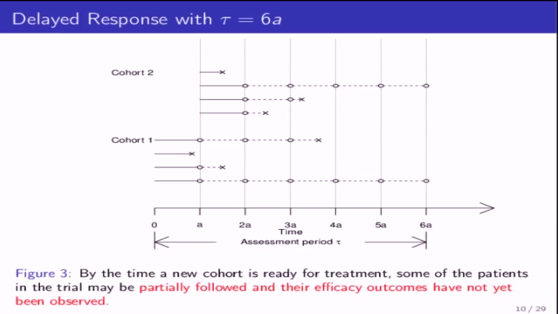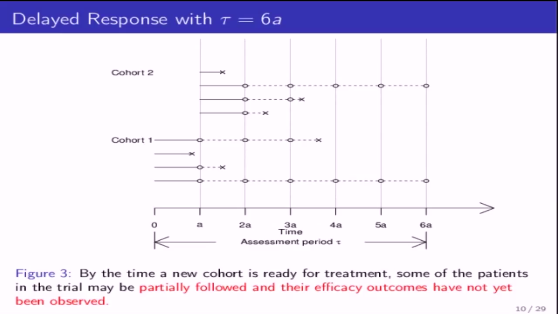Look at cohort 1. There are 4 subjects, and they are being treated. You follow them, and then you see that the second subject responded. You see a cross, which means you saw the outcome. But for the first, third, and fourth subjects, I put a circle there.